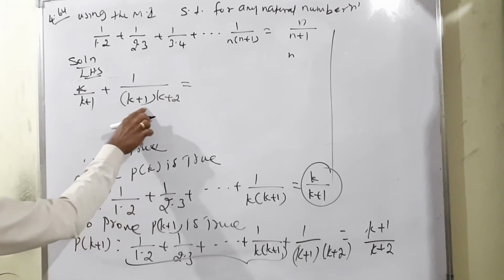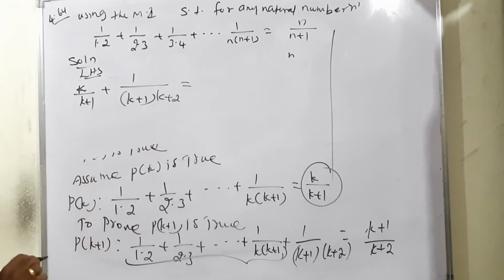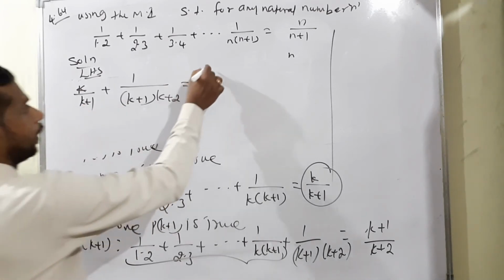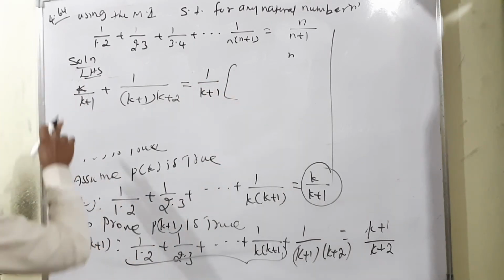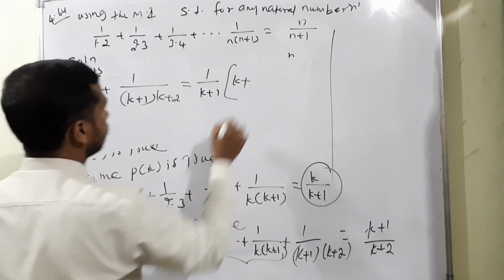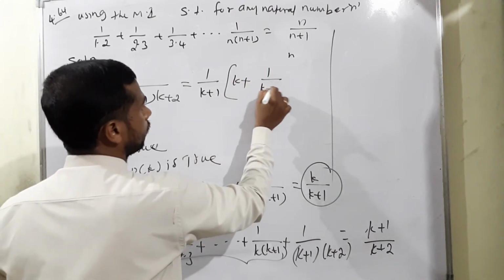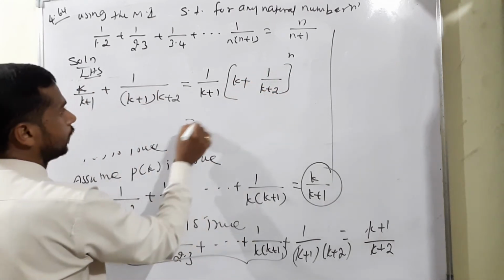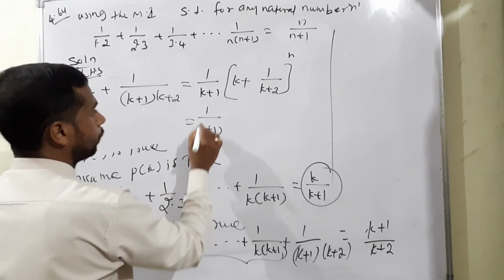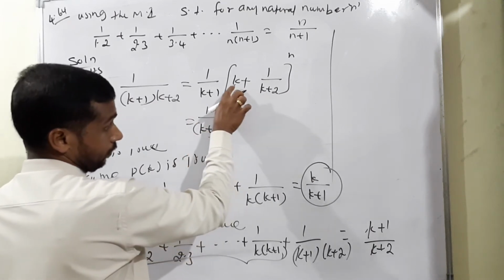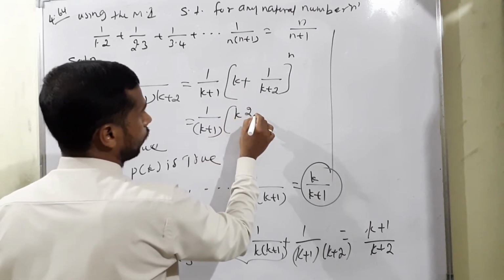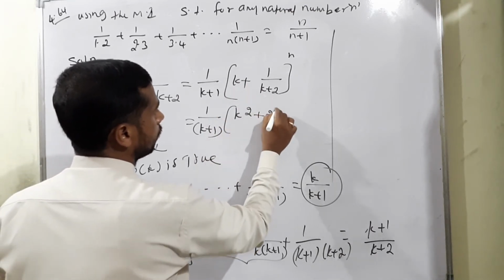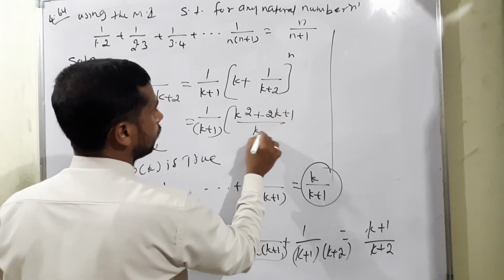Now the denominator we have common term k plus 1. So 1 by k plus 1 take common outside means inside there k balance is there, k plus 1 by k plus 2. Next term 1 by k plus 1, then multiply means k into k square plus 2 into k, 2k plus 1 divided by k plus 2.